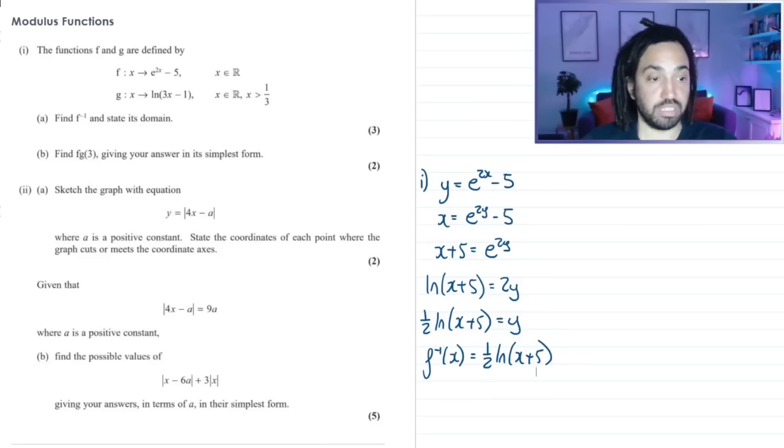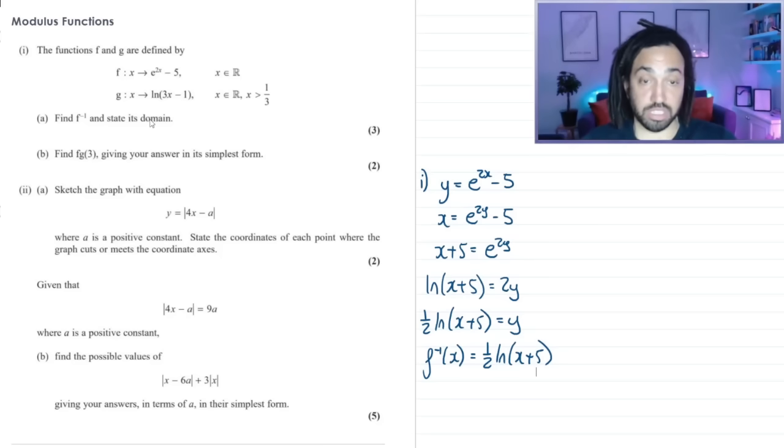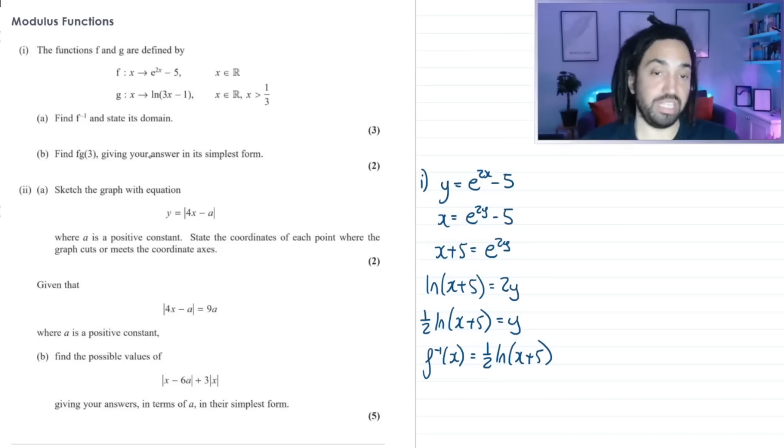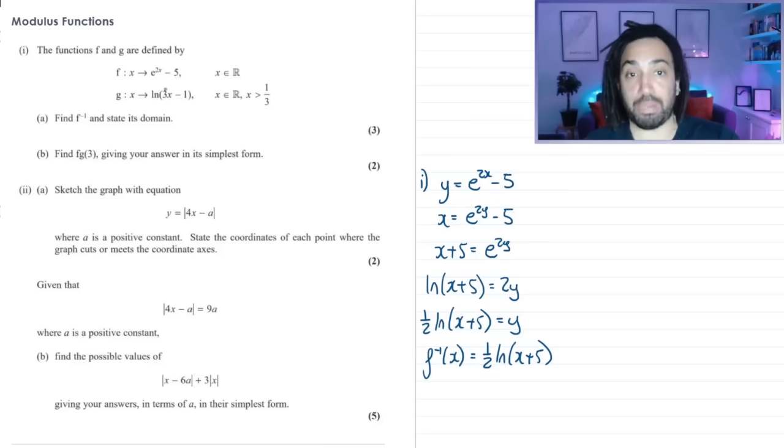Okay, perfect. Now we're asked for the domain of the inverse function, so it might be easier to look at the range of the original. Now e to the 2x or e to the x of any sort is always greater than 0. So therefore, if we've got e to the 2x minus 5, that's going to be always greater than minus 5.